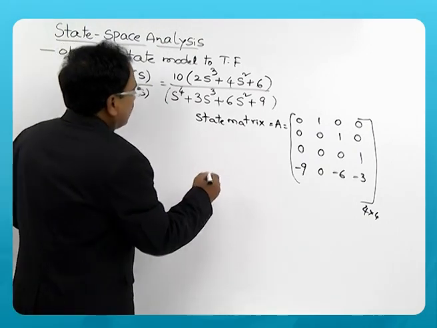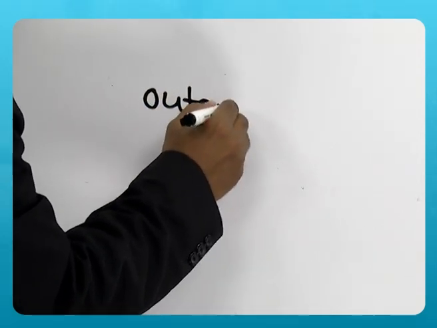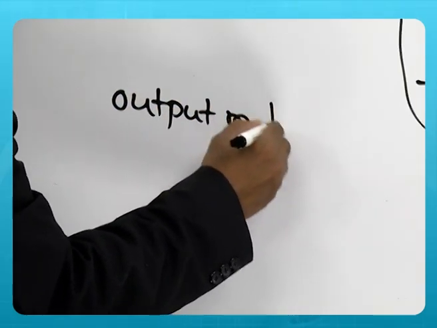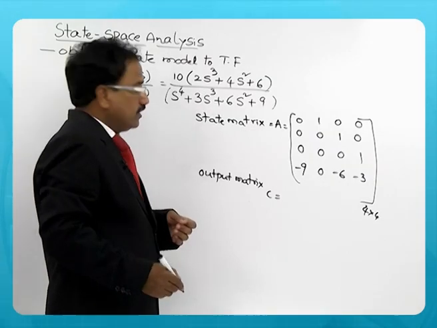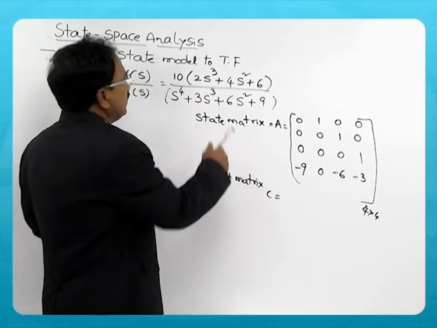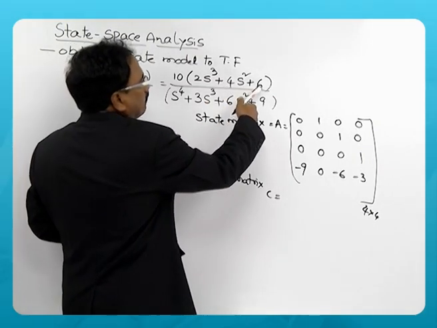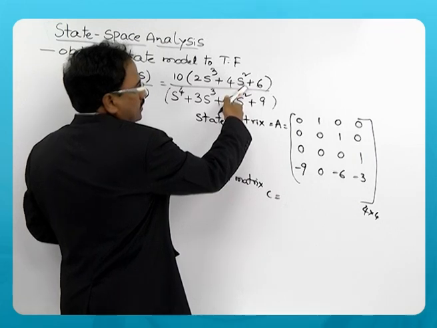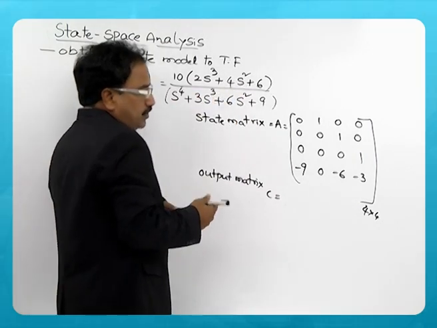Now for the output matrix C of the output equation, by seeing the numerator, you can see that you have 6, then there is no s term here, but s square and s cube have coefficients.